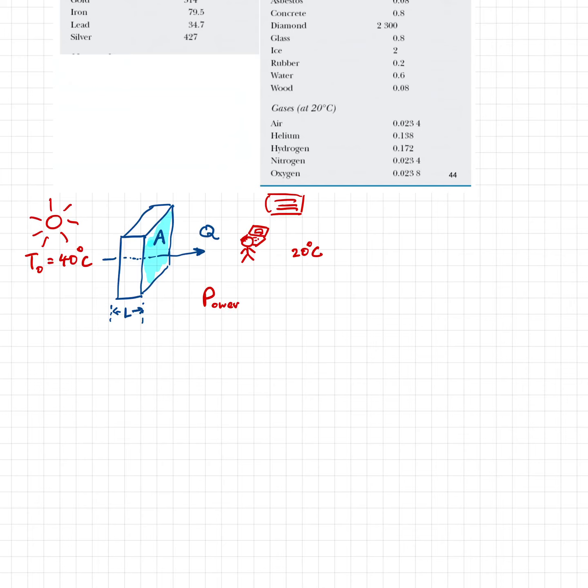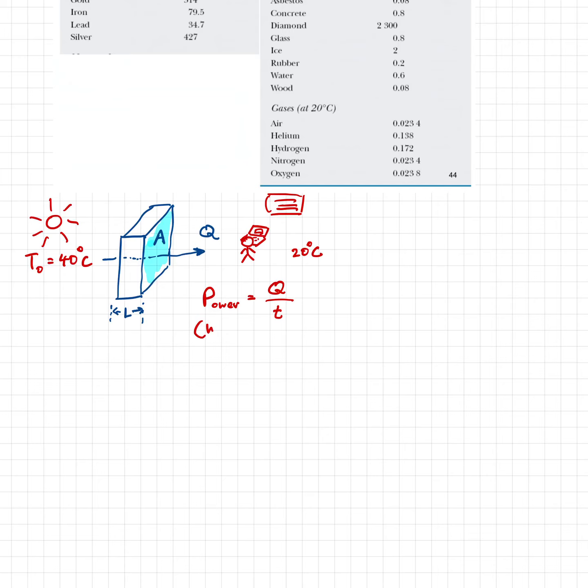Power is defined to be the heat flow Q divided by time. The longer you wait, of course, more energy is going to flow. So it probably makes sense to define the power instead of heat directly. So Q over T, Q over time is power.